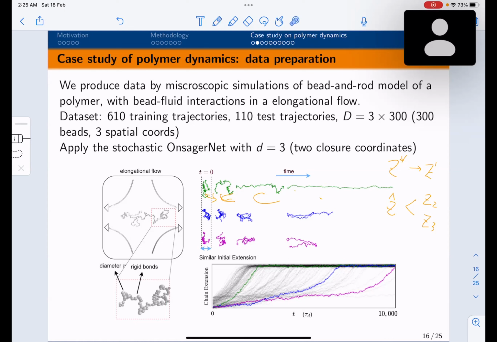And also you can see for the three initial polymers, after the same time step, this polymer was still in the folded state. But for this polymer, it has unfolded very fast. It has arrived at the unfolding state. So we want to know if our method can capture the slow and fast trajectories.